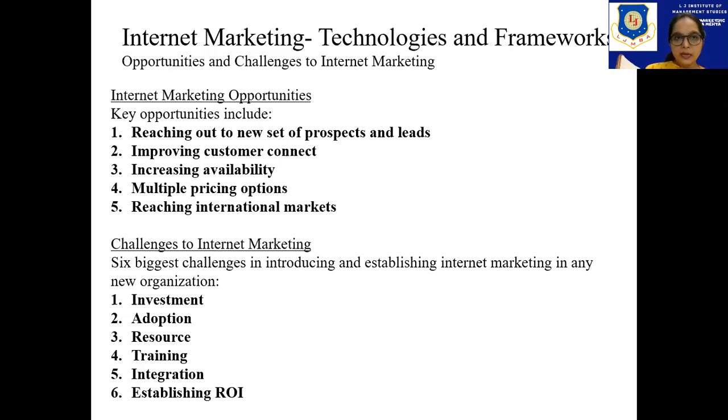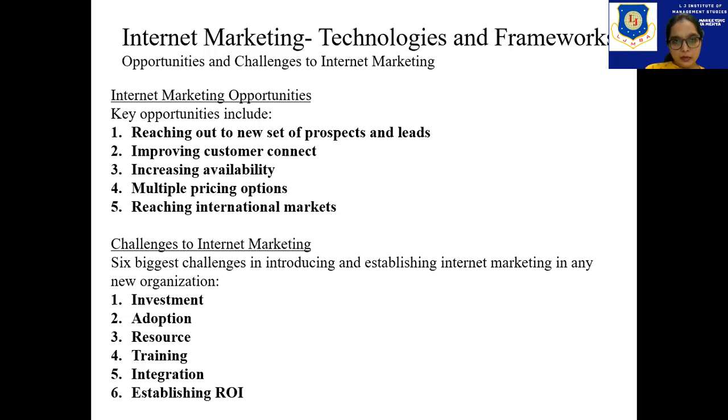Because of that, it is really easy for businesses and even societies to reach out to the consumer to connect with them. So unlike traditional marketing, wherein when you are communicating through television, you don't even know whether your target audience is viewing that particular advertisement or not, right? Unlike that, in digital marketing, it is easy to connect with the customer, even easy to interact with the customer.